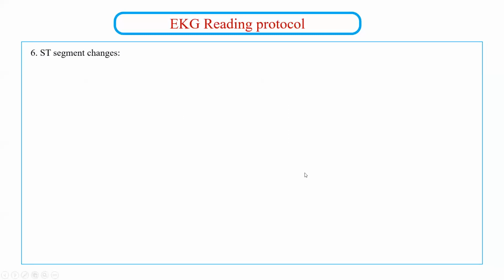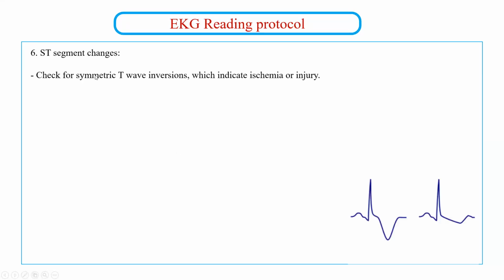Okay. The last thing to look at in the EKG is the ST segment changes. And we have 4 things to look at for the ST segment. Number 1, if there is symmetric T wave inversion, like this one here, this is inverted and symmetric. Okay, it could indicate ischemia or injury.